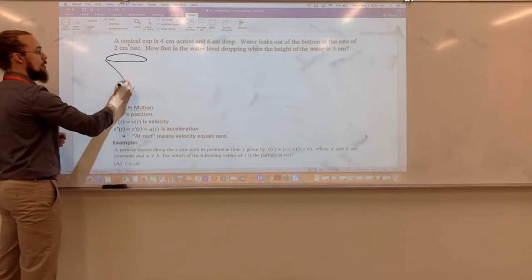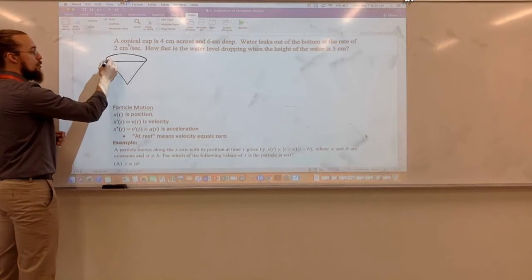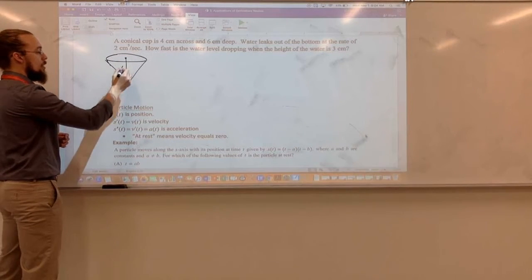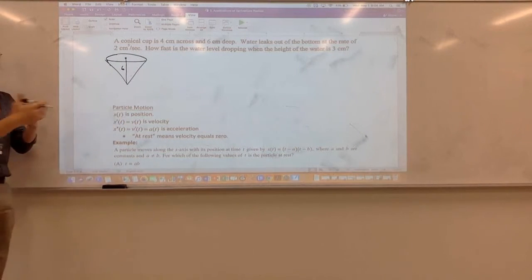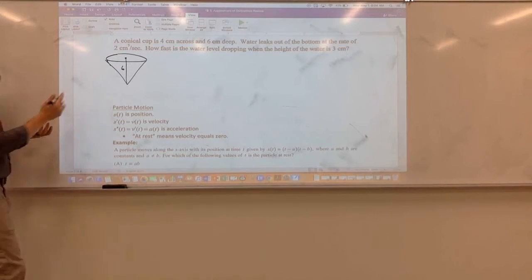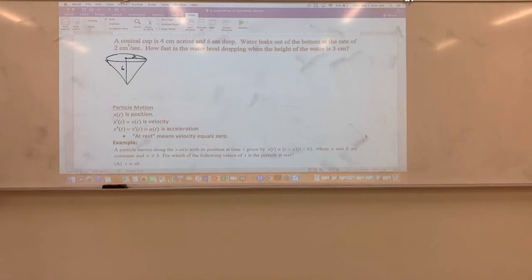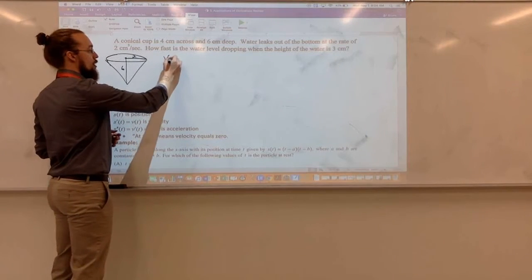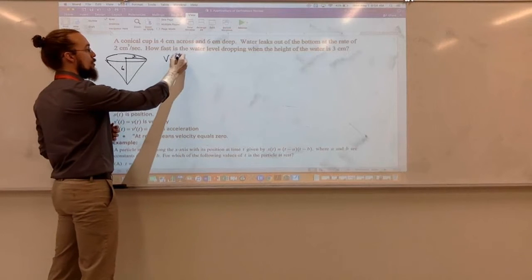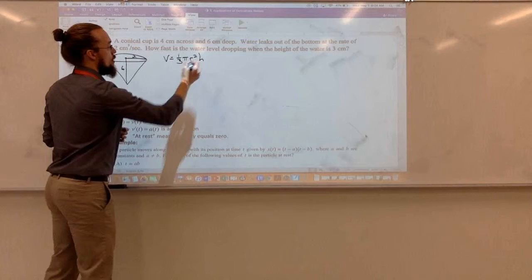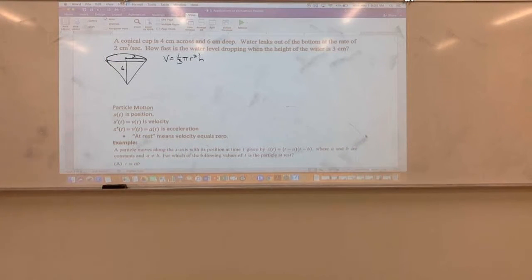So I've got a cone that is 4 centimeters across and 6 centimeters deep. 4 centimeters across would be the entire diameter, so let's say that the radius is 2. Generally on a problem like this, you would be given the volume formula. So the volume of a cone is 1/3 pi r squared h.